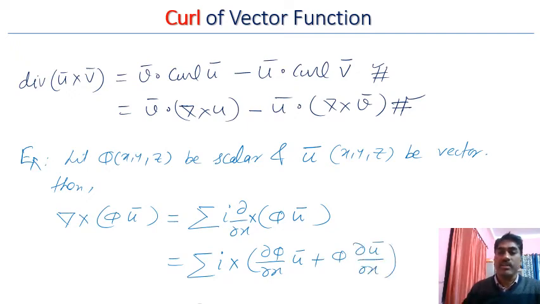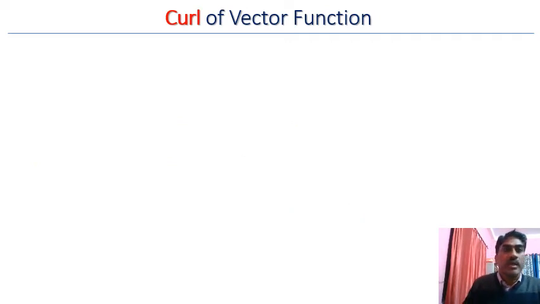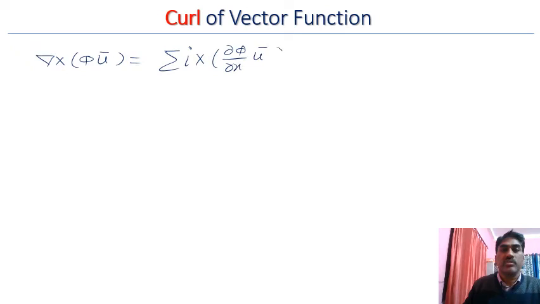So we can write del cross phi u as sigma i cross del phi by del x u plus sigma i cross phi del u by del x.